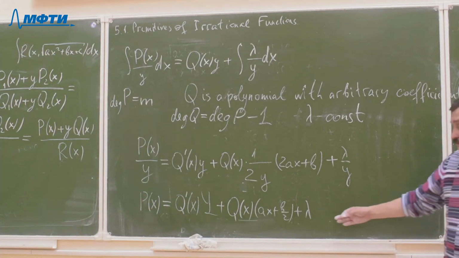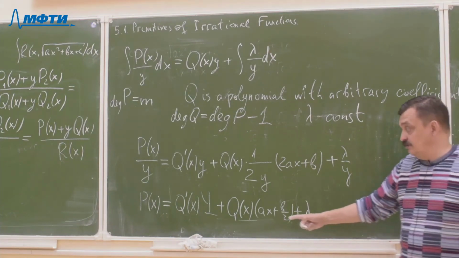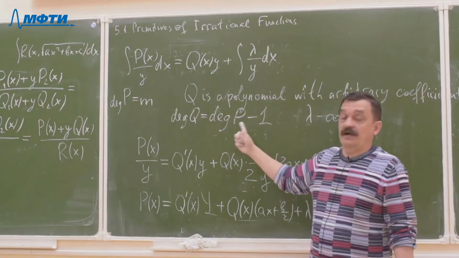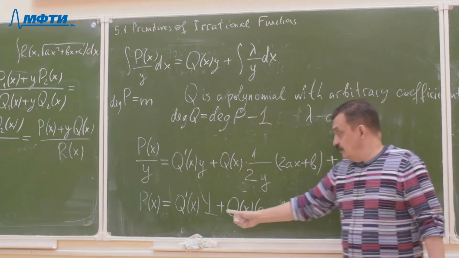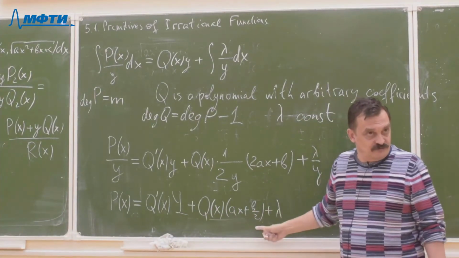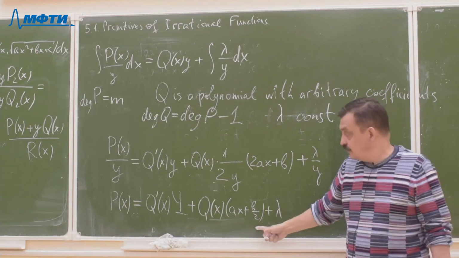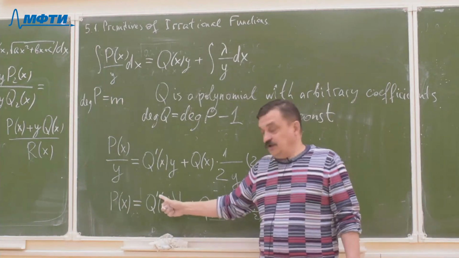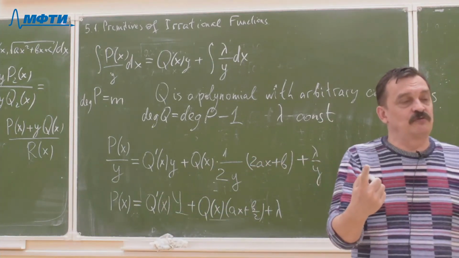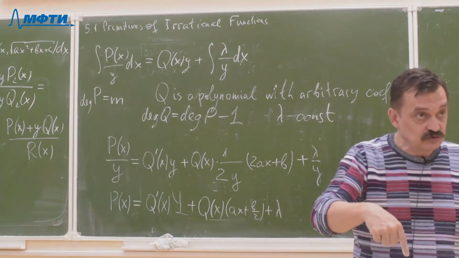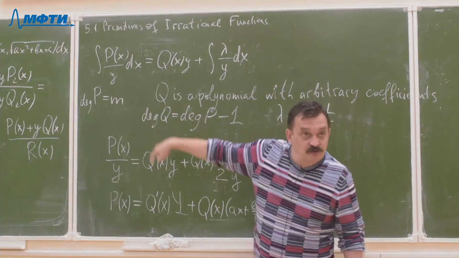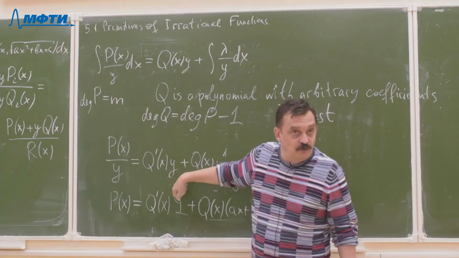So you see, q is a polynomial of degree m minus 1. We multiply it by a linear polynomial, so we have a polynomial of degree m here, right? Over there, q prime, the derivative of a polynomial of degree m minus 1, is a polynomial of degree m minus 2. Capital Y is a polynomial of degree 2. Altogether, again, a polynomial of degree m.